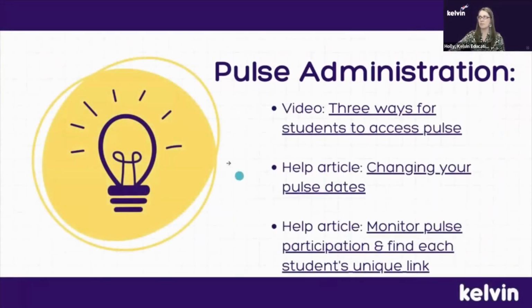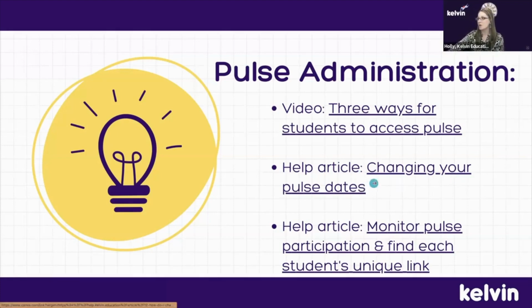And then for pulse administration, once your pulse is live, there are some tips that we think come in handy once you're in the midst and in the thick of doing your pulse with students. So this video is about 2 minutes. It shows you 3 ways for students to access their pulse. So if you didn't want the dog to pop up, you want to minimize that window and just have them click the K, that video shows you how to do that, or how to send them directly to the link.